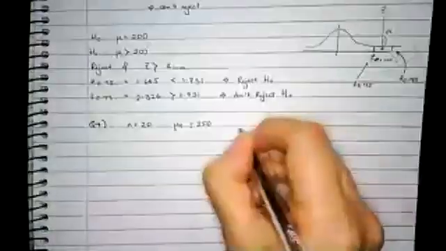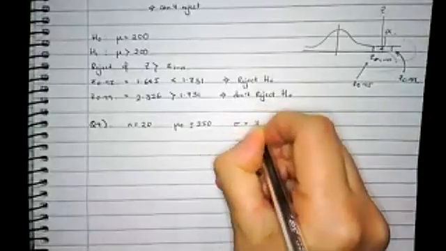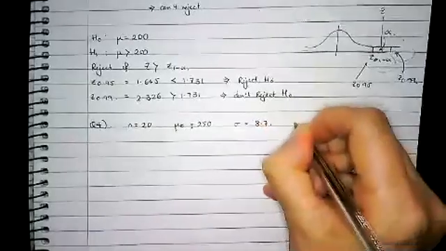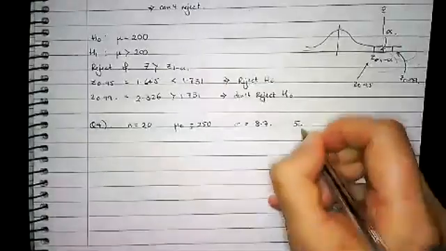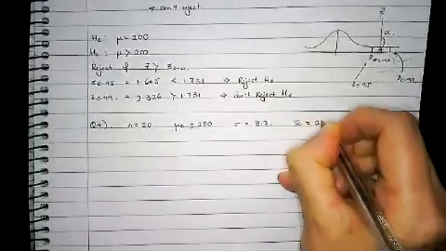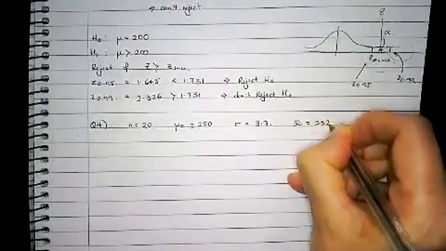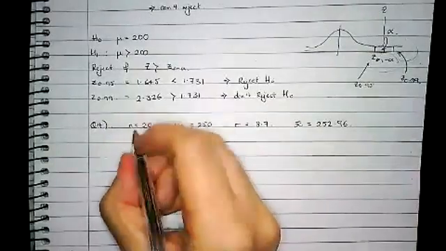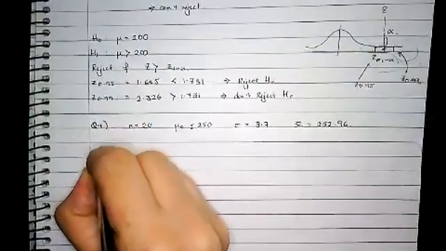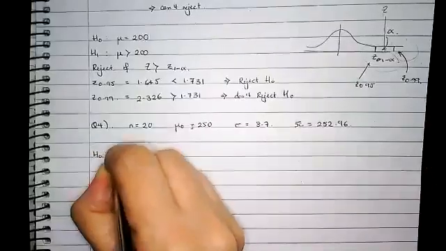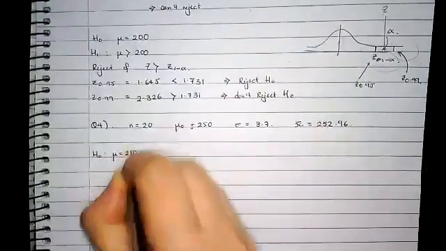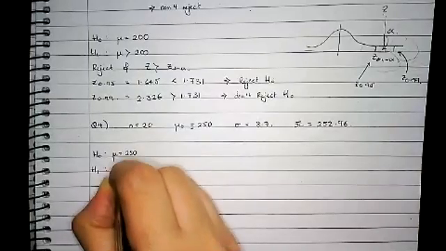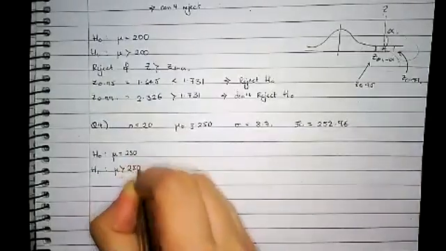We've got a known standard deviation, 8.7, and an observed value of X bar from one sample, which is 252.96, and you've been asked to test H0: mu is equal to 250 and H1: mu strictly bigger than 250.